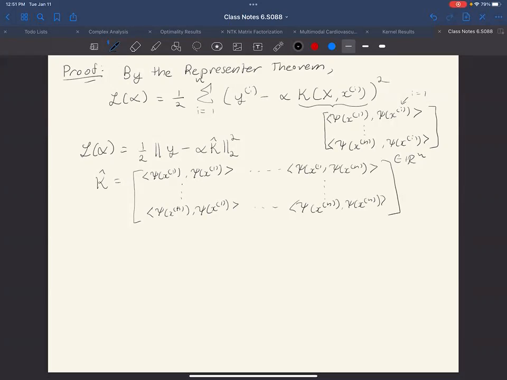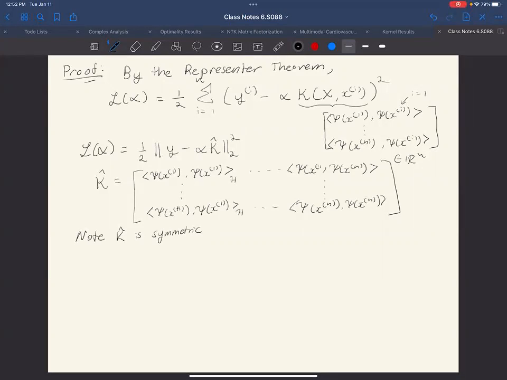Okay, so now this is great. It turns out that because of the symmetric property, this is exactly the same matrix that I wrote before. So note k hat is symmetric because of the symmetry of the inner products in the space.